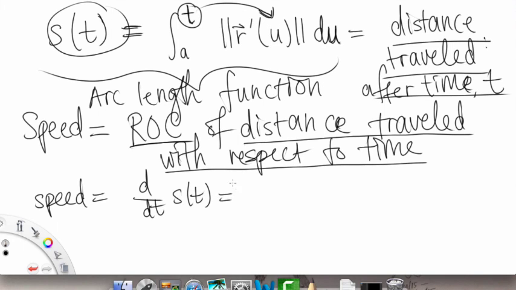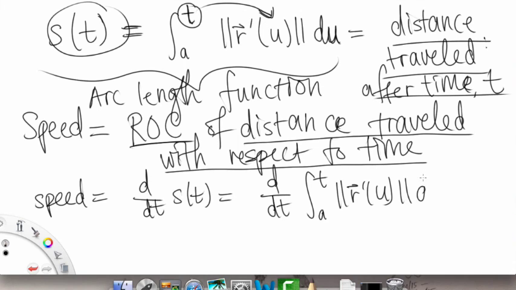Okay, so if we plug that into the other side, if we d/dt the right side, that means that we're d/dt-ing an integral from a to t of the magnitude of r prime of u du. And on the right side here, according to the fundamental theorem of calculus for vector valued functions, these basically cancel out, but you plug in that t in the variable spot.